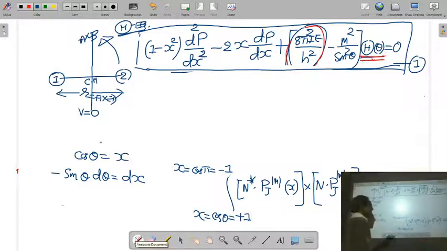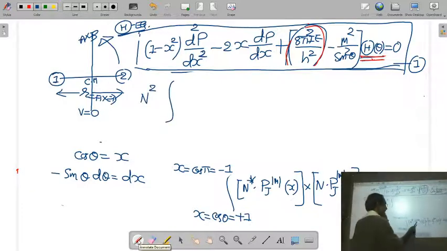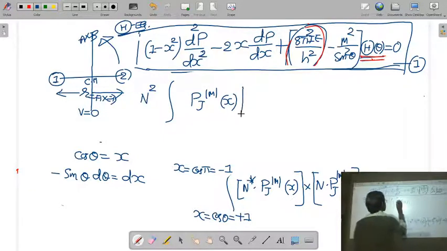Now N into N star will be N square. This Legendre polynomial is a real function, so it does not have a complex conjugate. The function and its complex conjugate will remain the same. So you can write this as P_j^n(x) whole square dx.